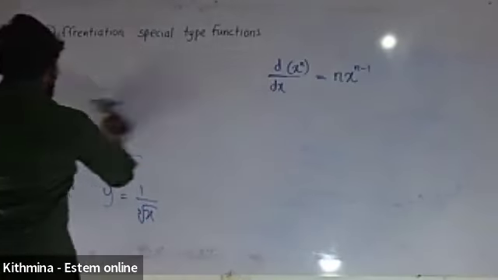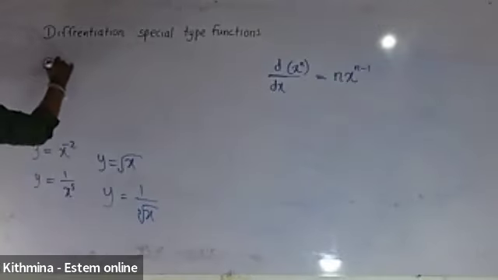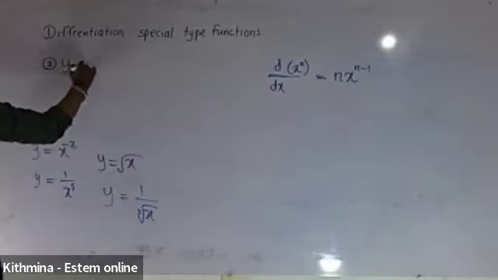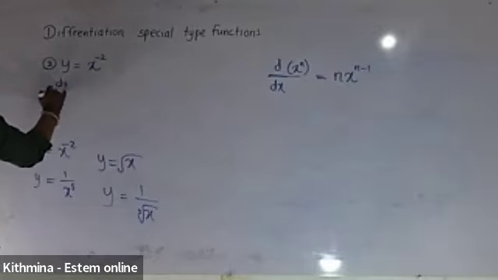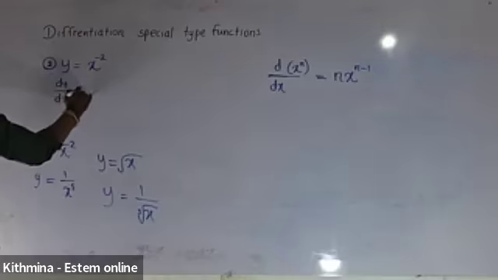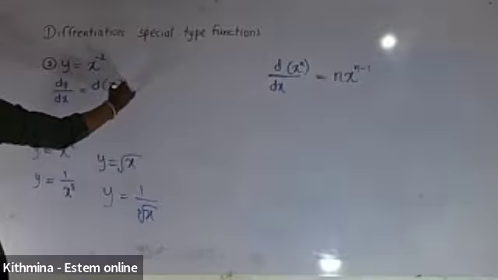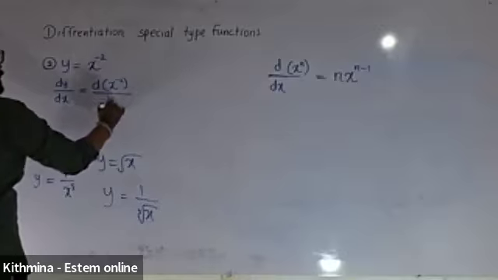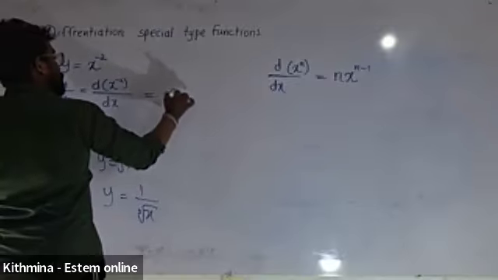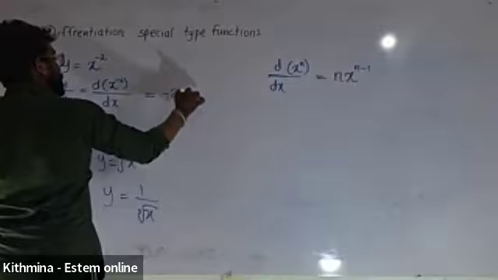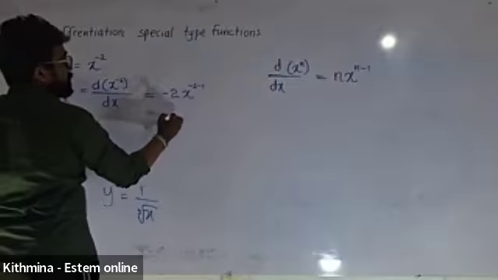The second problem is y equals x to the power minus 2. Then dy by dx is d of x to the power minus 2 over dx. Then minus 2 x to the power minus 2 minus 1. Then what's the answer?